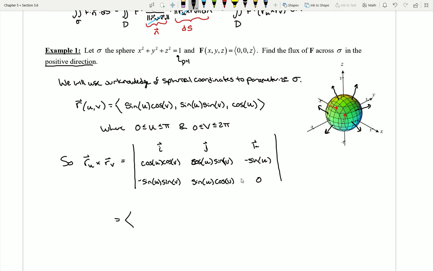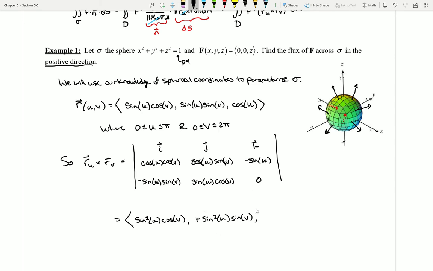So I'm going to end up with a sine squared of u cosine of v. Middle term is going to be a negative sine squared of u sine of v. Oh, wait a minute, not a negative, because it's already subtracted, so that's going to be positive sine squared u sine v.